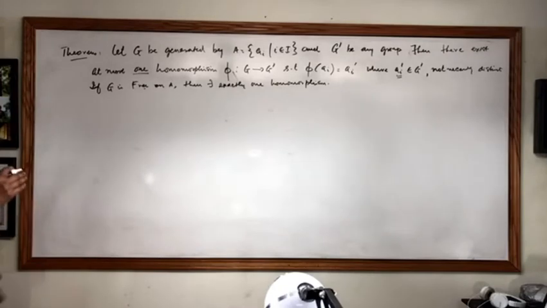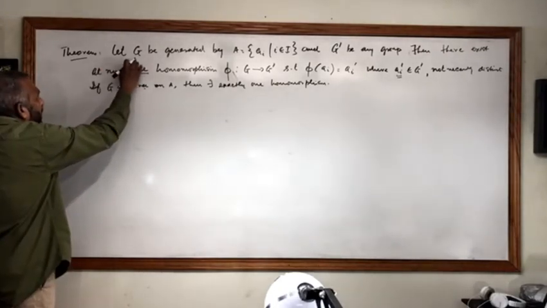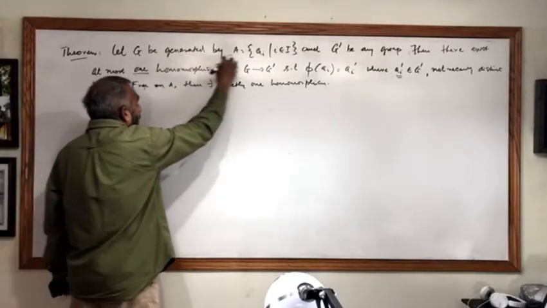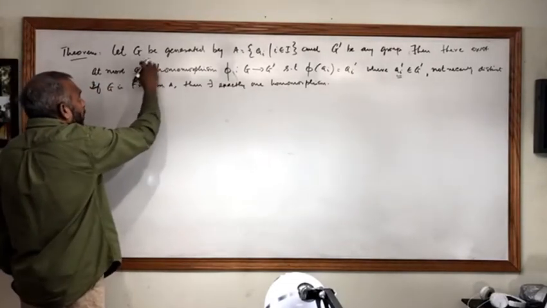The first statement is not saying that G is a free group. It only says that it is generated by A, not even that it is uniquely generated.